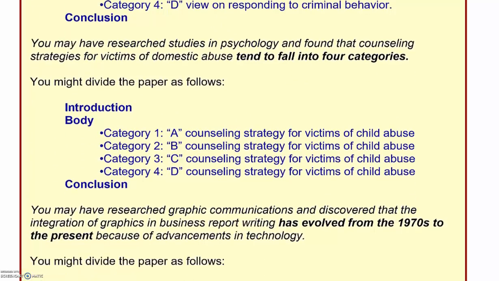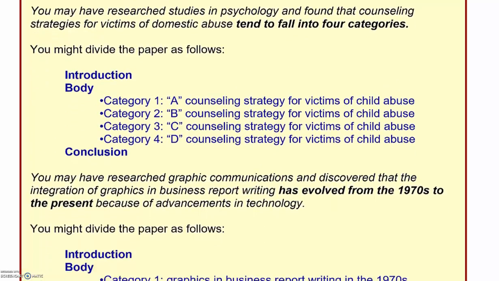Another example. You may have researched studies in psychology and found that counseling strategies for victims of domestic abuse tend to fall into 4 categories. So therefore, you might divide the paper as follows. Your introduction, and then the body would be Category 1, Counseling Strategy A for victims of child abuse.